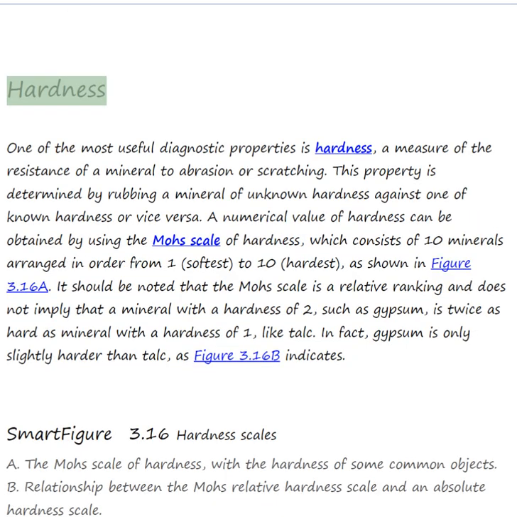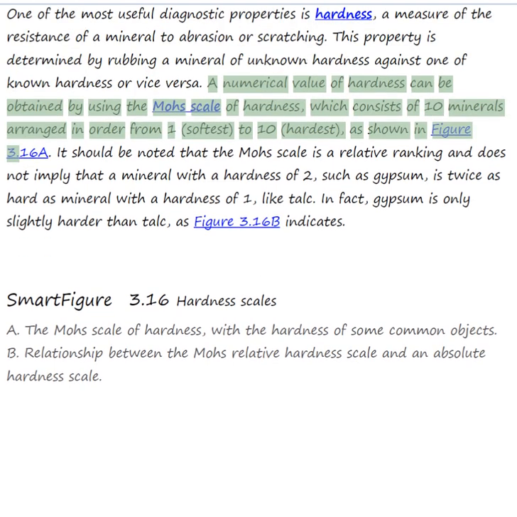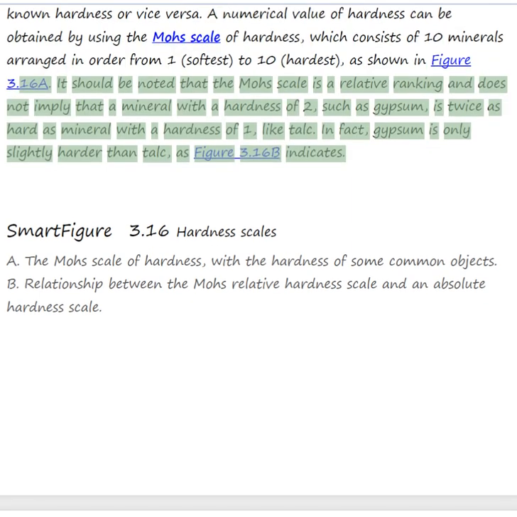Hardness. One of the most useful diagnostic properties is hardness, a measure of the resistance of a mineral to abrasion or scratching. This property is determined by rubbing a mineral of unknown hardness against one of known hardness or vice versa. A numerical value of hardness can be obtained by using the Mohs scale of hardness, which consists of 10 minerals arranged in order from 1 to 10, as shown in Figure 3.16a.